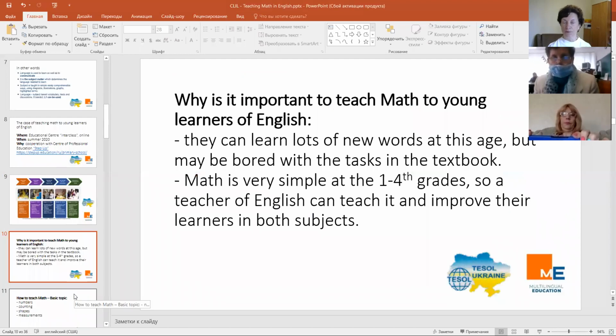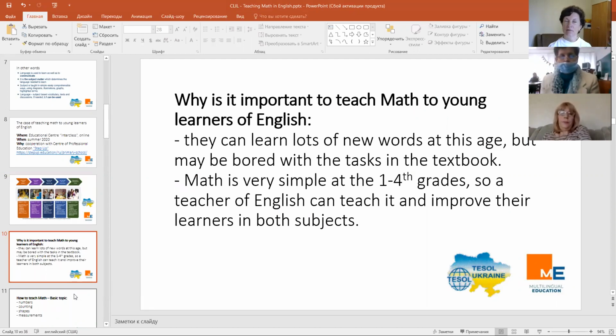So, why is it important to teach math to young learners of English? In our opinion, first of all, they can learn lots of new words, but usually they are not really happy with the textbooks or they start playing games and get too excited.